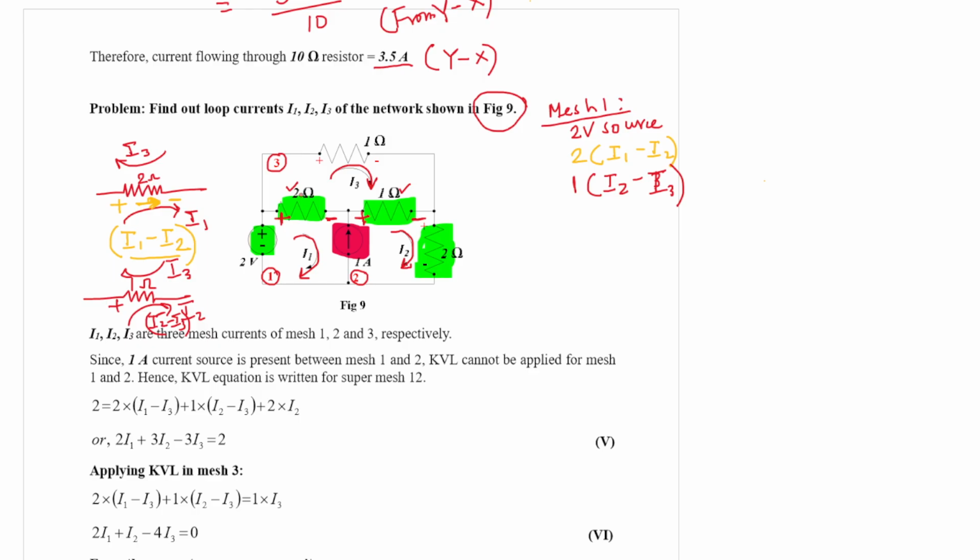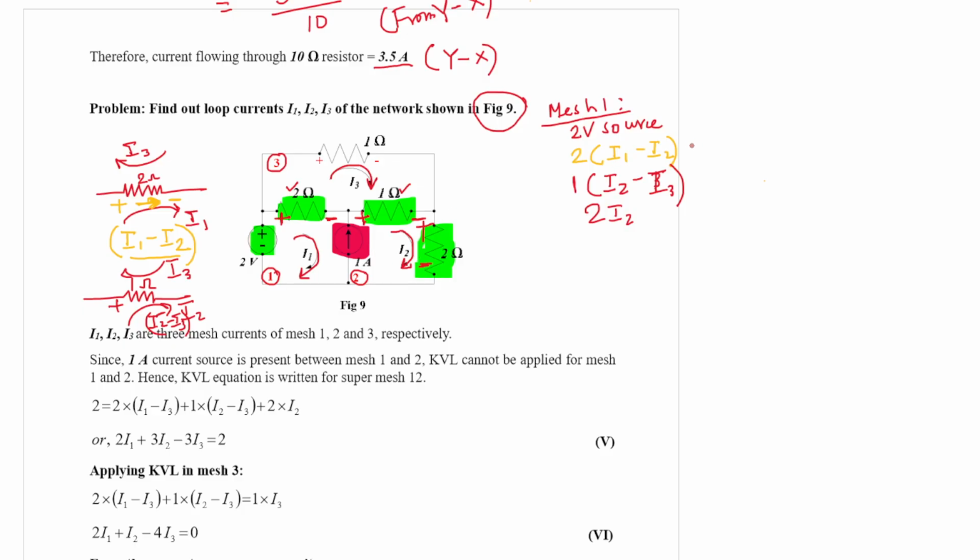That is why two currents must be considered for them. For this 2 ohm resistance, only one current flows, so the potential drop across it is 2 into I2, with plus minus polarity.